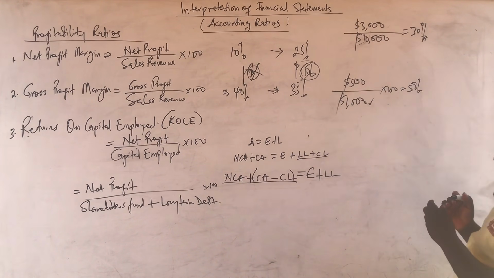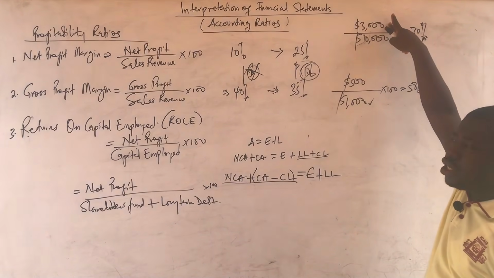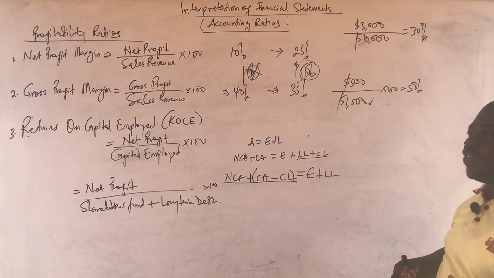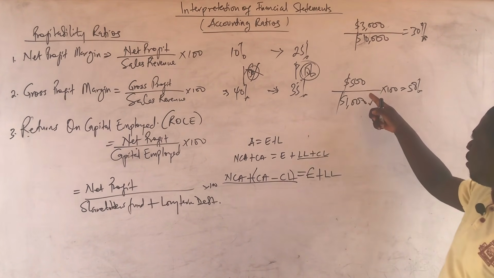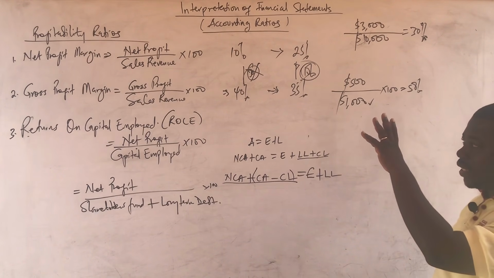I am doing better than you. If you look at the absolute profit, you are making more profit. You brought in $3,000 as profit, so you think shareholders should be happy, whereas I am bringing in only 500. But that is not the focal point of this analysis.